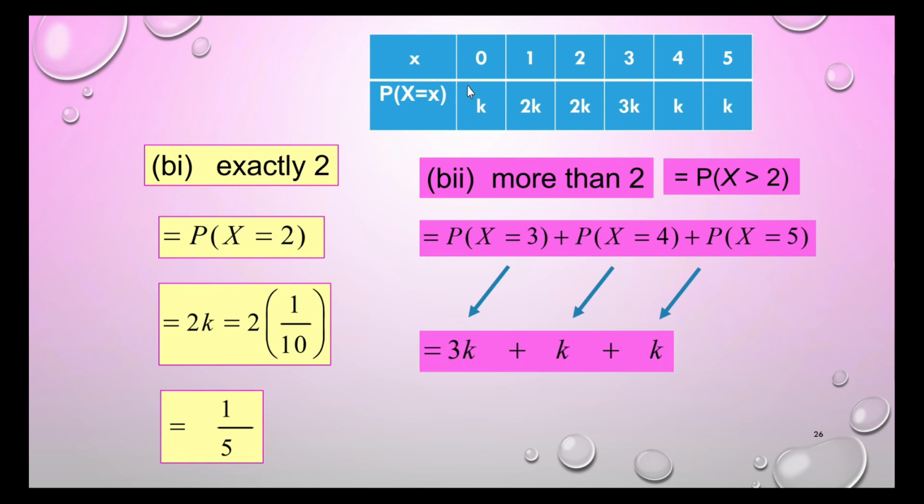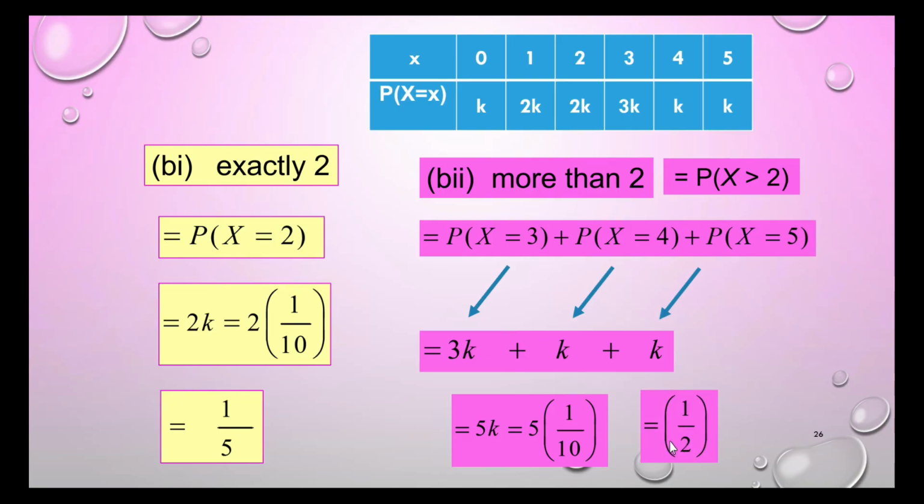So, from the table, we have 3k plus k plus k, and we get 5k. We substitute k equal 1 over 10. Hence, the probability of x more than 2 is 1 over 2.